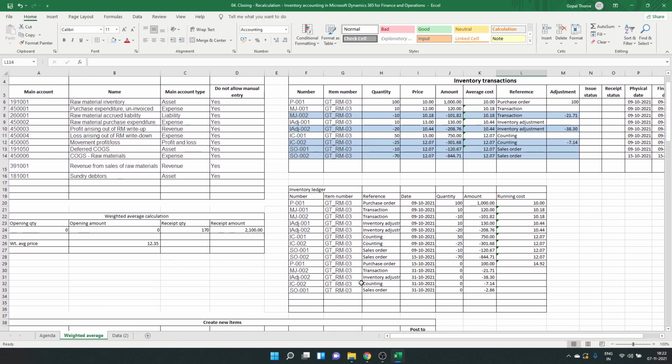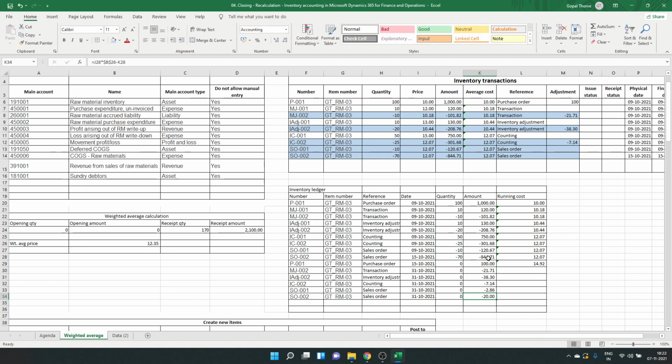Let me copy those references here. Value adjustments are happening. This is the quantity into my weighted average cost minus the already posted cost amount.